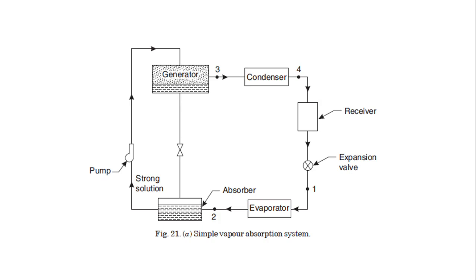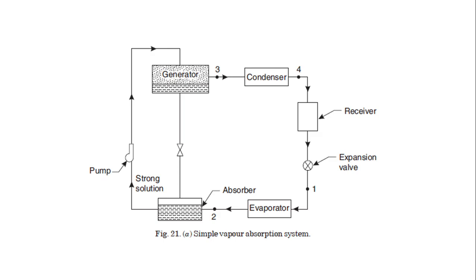In the simple vapor absorption system, we are going to refer to figure 2.1. It consists of an evaporator and an absorber, through which the refrigerant is pumped to the generator and then to the condenser and receiver. This is the cyclic process. The evaporator is the area where the cooling is provided, whereas the absorber is the area where the ammonia and water solution is present.